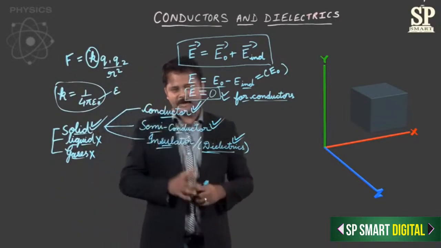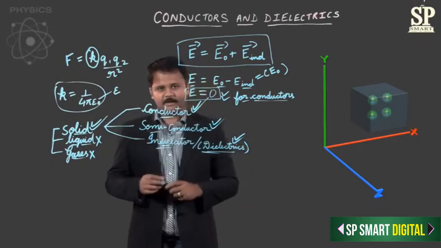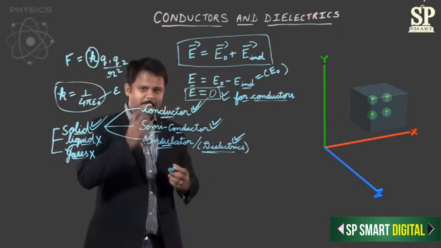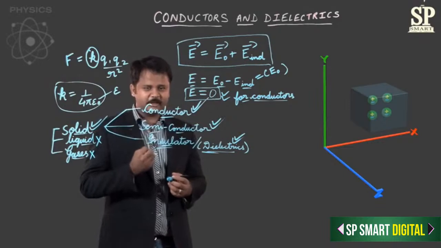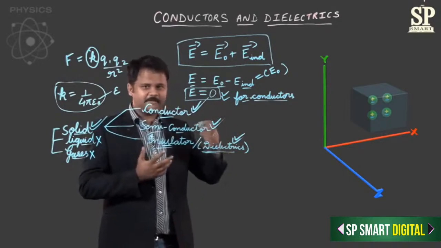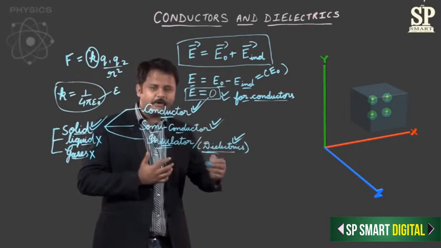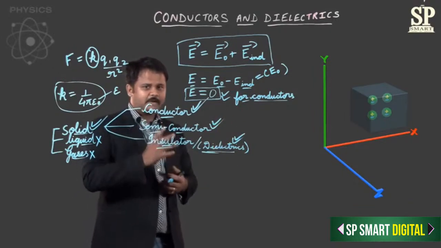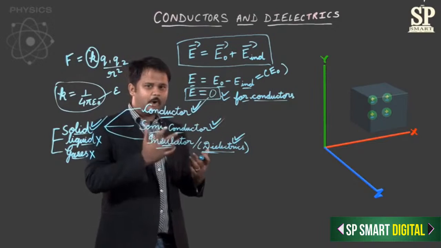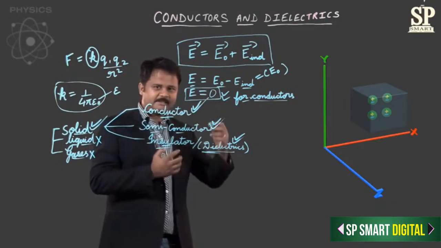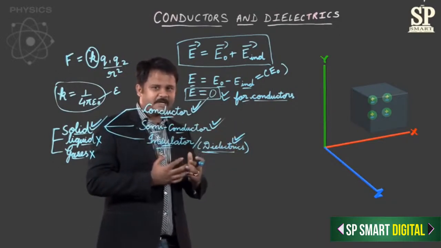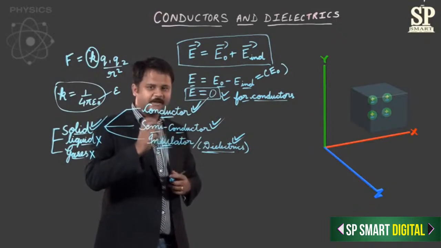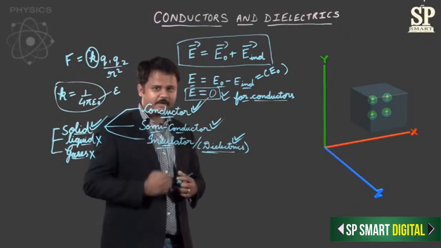So we saw an atom of an insulator or a dielectric. We saw that there was some positive charge concentrated in the nucleus and some negative charge in the form of the electrons that were in the shells. Although the negative charge and positive charge are not together, the center of both these charges is together.